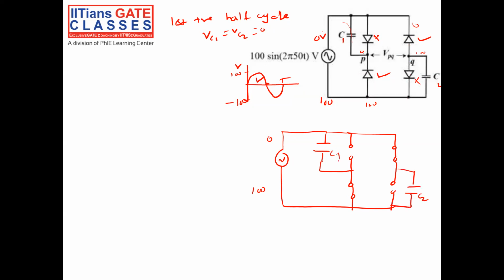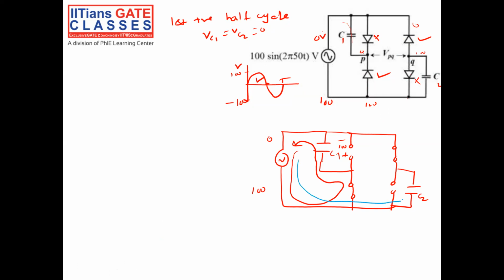C2, C1. Now you see there is a path like this. So my VC1 will charge to 100 volt. This is positive, this is negative, this is 100 volt. Similarly, for VC2, the path will be like this, going like this.